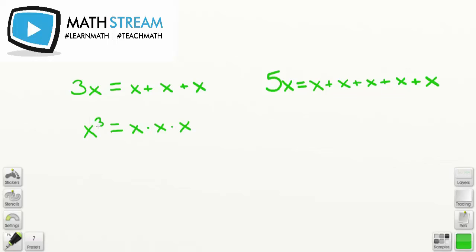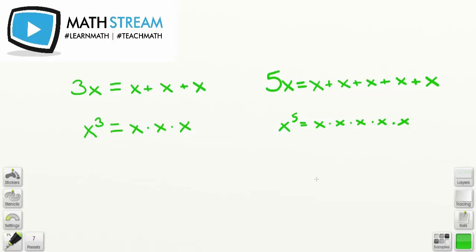In other words, we have x being multiplied by itself 3 times. And similarly, if I wanted to know what x to the 5th would be, that would be x times x times x times x times x.